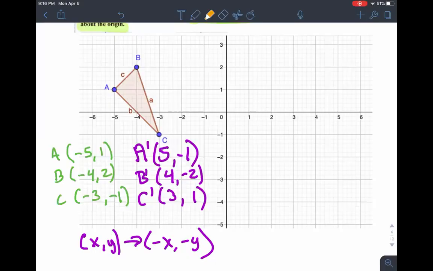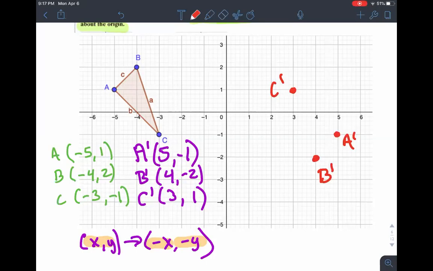If we start with points x comma y, our new points will simply be the opposite of x and the opposite of y, which is what you can see I've done here. Since A was negative 5, 1, A prime would be 5 comma negative 1, and so on.